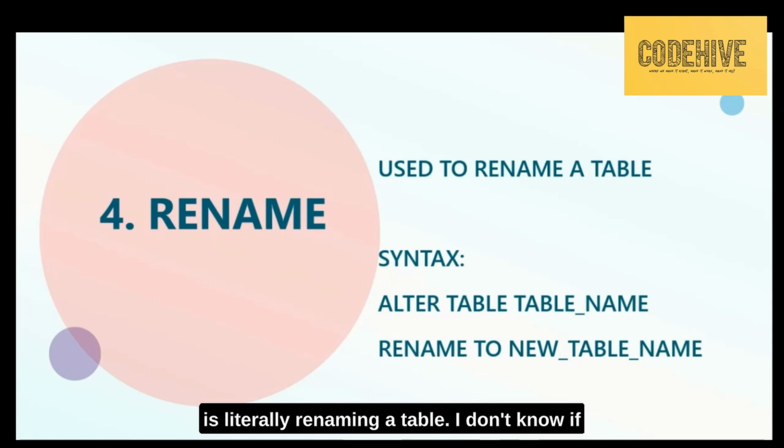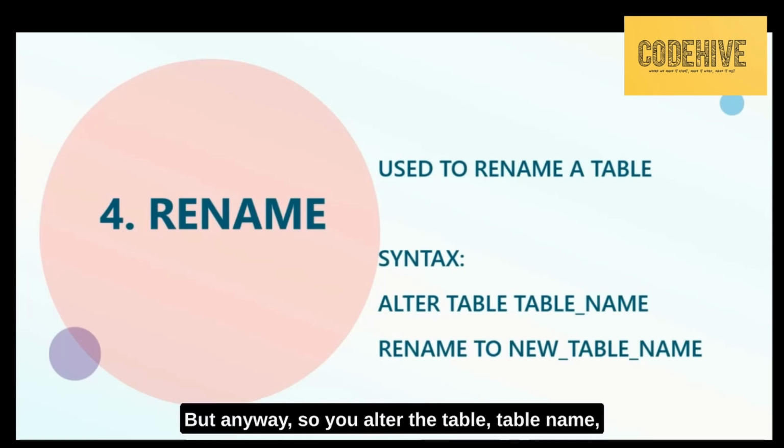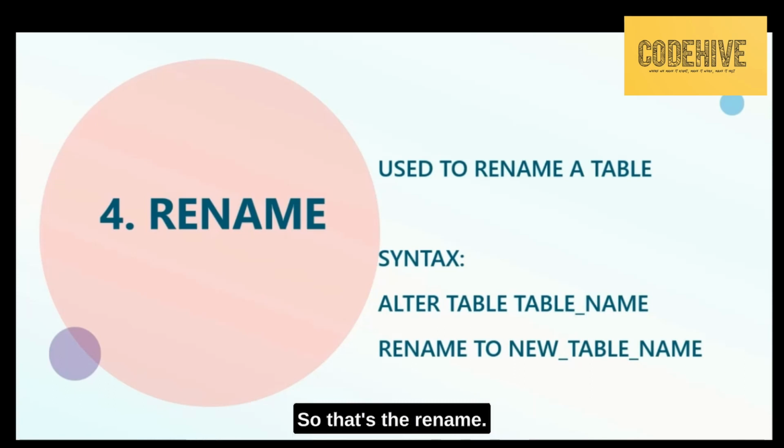Actually, I don't know if we looked at the rename in the other video, if we actually used it in SQL Server Management Studio. I'm not really sure, I don't really remember. But anyway, you alter the table name, rename to, and then the new table name. So you have a table employees, and now you want to rename it to employee names, for example. So that's the rename.